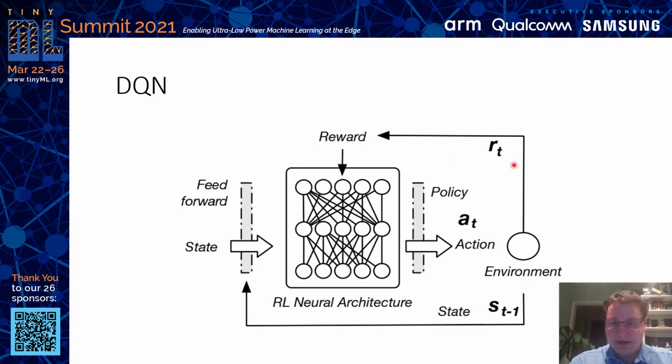This may come immediately after, but this reward at time t may actually be encoding the consequences of actions that were taken much further back in the past. What makes this deep reinforcement learning is that we use a deep model to fit the action value function on which the optimal actions are chosen.